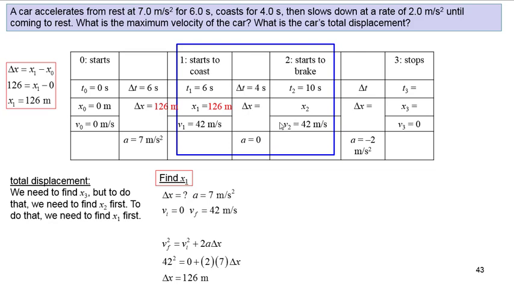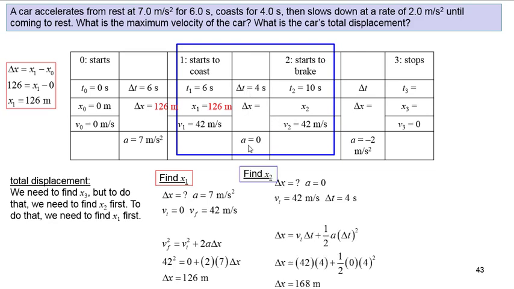I know v initial, delta t, and a. Let's say we use those variables. So I want to know delta x, I know a, I know v initial, I know delta t. I'm going to choose the kinematic equation that involves those four variables. And now I plug in for v initial, delta t, and a, and I find that delta x equals 168 meters. So that's just delta x, that's just this piece.